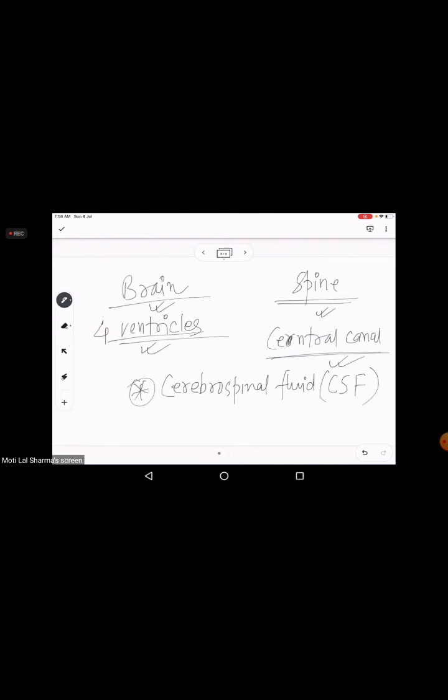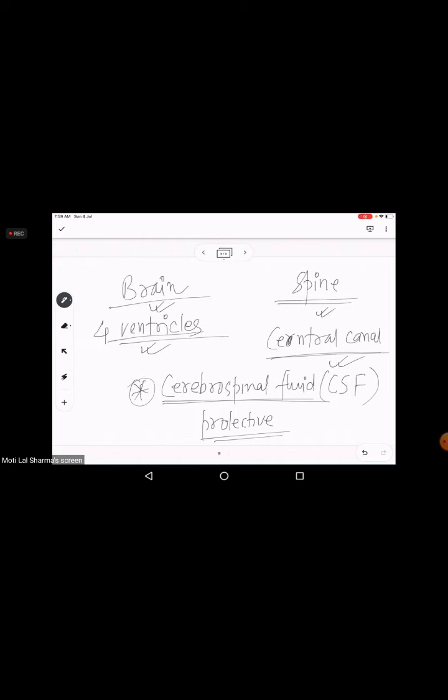That space is called the subarachnoid space, and it also contains cerebrospinal fluid. This fluid is protective in function, which means your brain and spine are protected by it. This is all about cerebrospinal fluid and meninges.